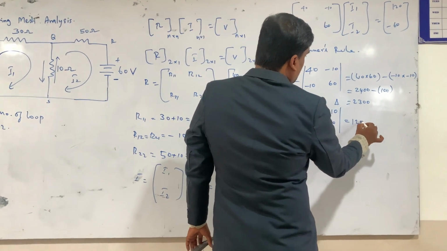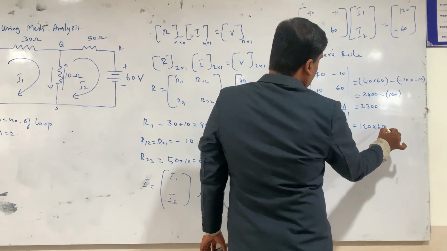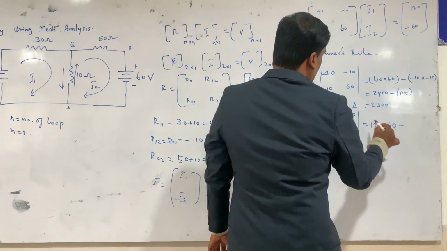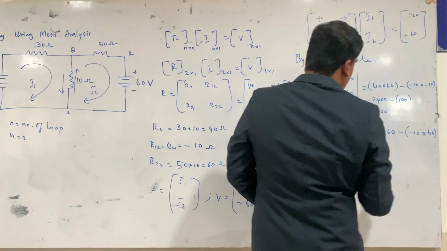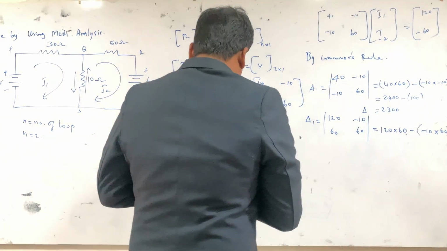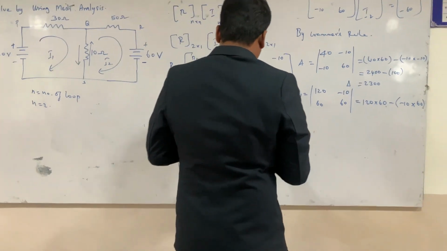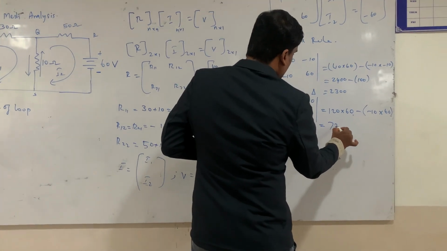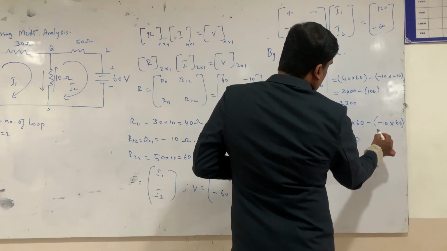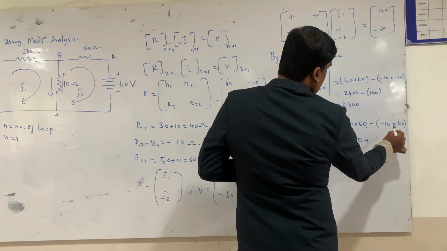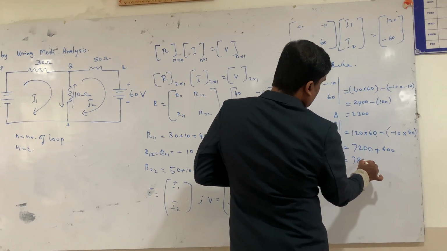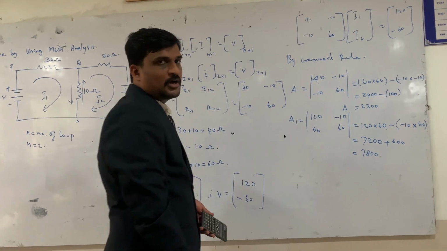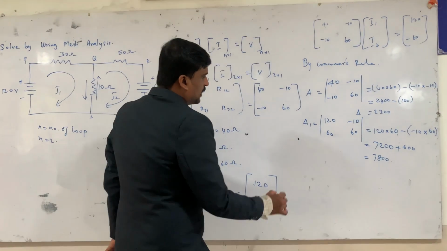So it is 120 into 60 minus minus 10 into minus 60. So here it is 7200 minus 600. So it is 6600. This is the value for del 1.